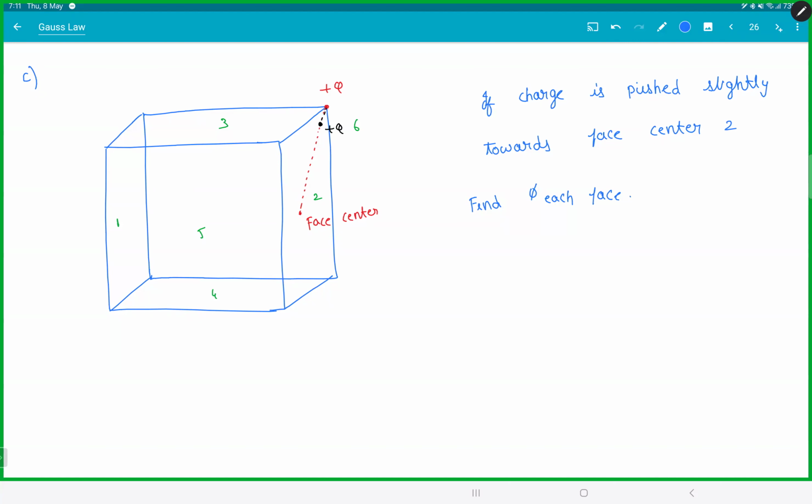Flux on each face, right? There are 6 faces. I want the flux of each face, 1, 2, 3, 4, 5, 6. How much will it be? How will you approach this one? Think. I'll give you a minute more.